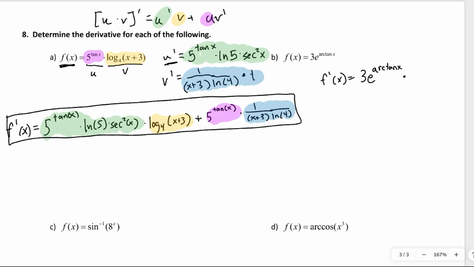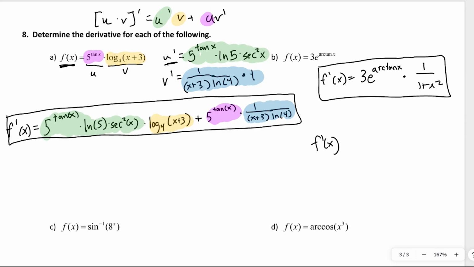But the derivative of arctangent is going to be 1 over 1 plus x squared. I'm okay if you leave it like this, but don't be surprised if you get a multiple choice item and it looks a little bit more like this. Okay, so just be ready for that.